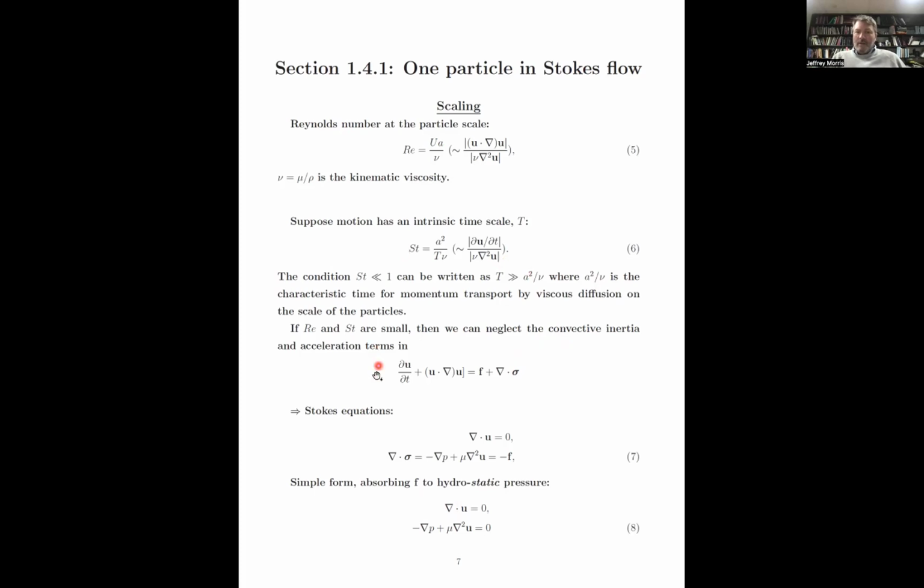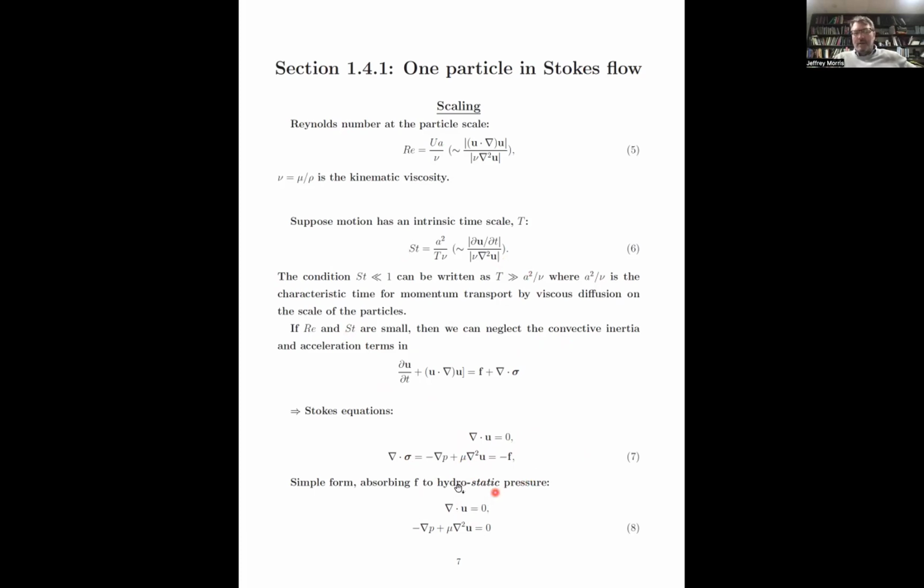All right, so if the Reynolds number and Stokes number are small, then we can just neglect the convective inertia term. We write the Stokes equations as the incompressibility, div u equal to 0, and the divergence of the stress, which is minus grad P plus mu del squared U, is then balanced by the minus F. But the minus F term can simply be absorbed into the hydrostatic pressure, right?